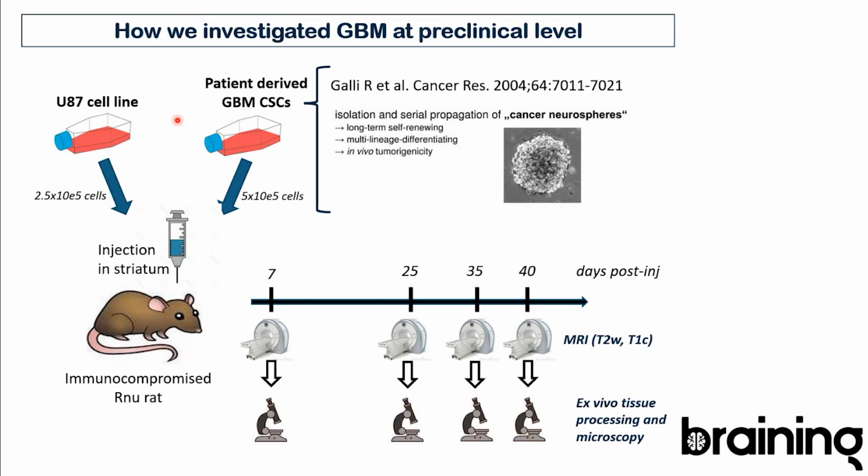So we compared two groups of animals, we injected them, and over time we ran progressively magnetic resonance imaging, and the goal was to sacrifice a few animals and analyze histologically how the brain looked like, and compare the histology with the in vivo imaging.